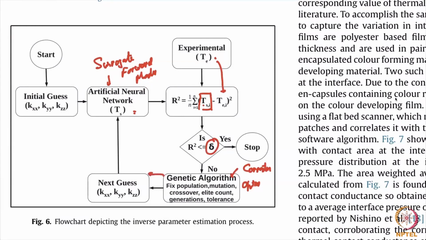That generates the next guess, just like we had Kxx would be equal to Kxx minus alpha del J del Kxx. Instead of that, genetic algorithm has a different way of getting there. That next guess goes to the ANN and it goes here and you keep on going in the cycle till you get some optimal Kxx, Kyy, Kzz.